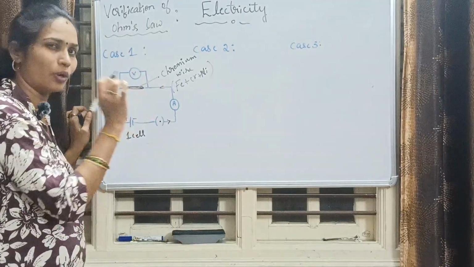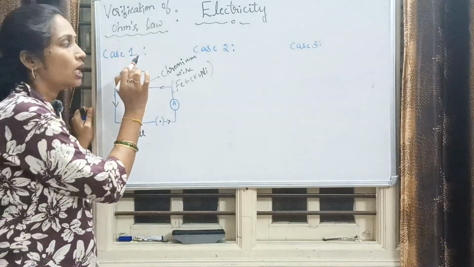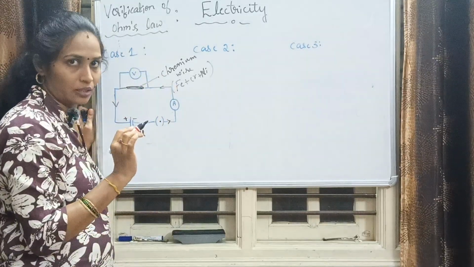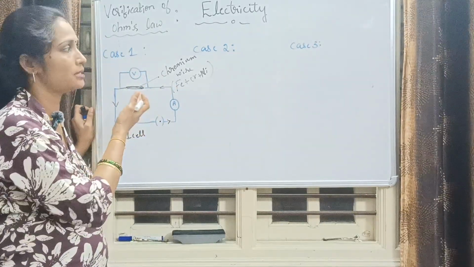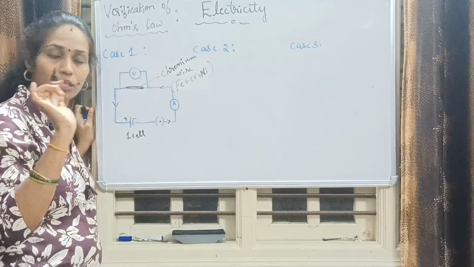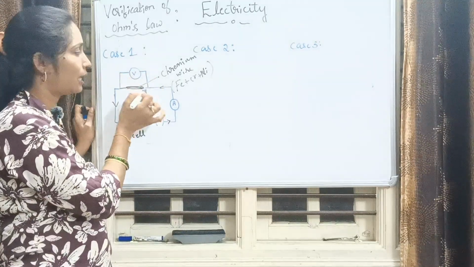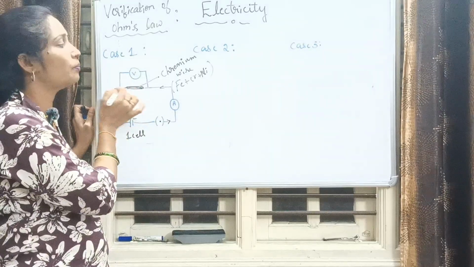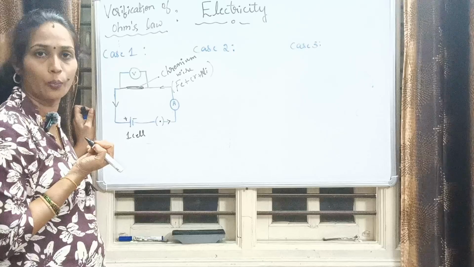What is the difference between a copper wire and the chromium wire? In the chromium wire, the flow of current is not as easy as in a copper wire. Current cannot pass easily through this chromium wire.